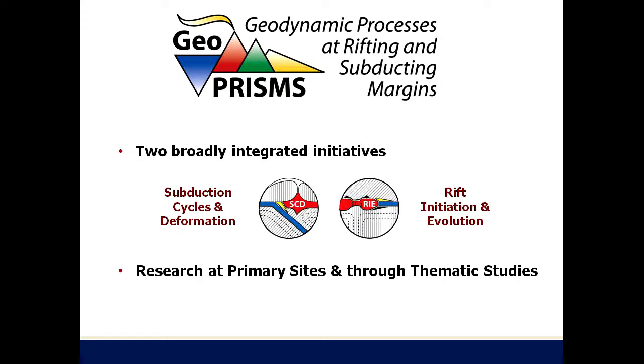Again, it works as two initiatives. It has both a subduction cycle and deformation initiative and a rifting initiation and evolution initiative. It works through finding questions that are different or maybe related between the two initiatives, and it also works through primary sites.